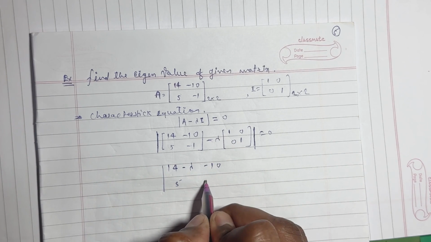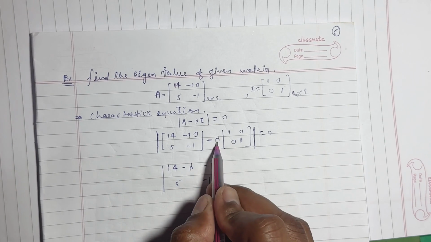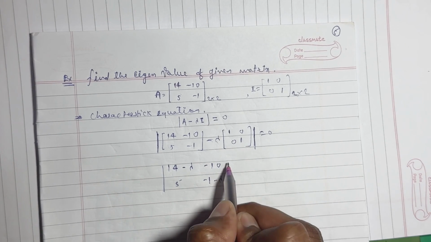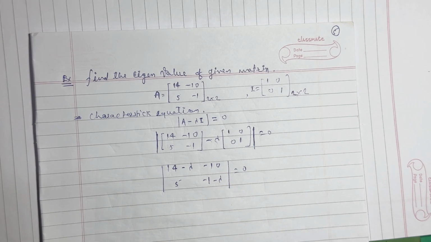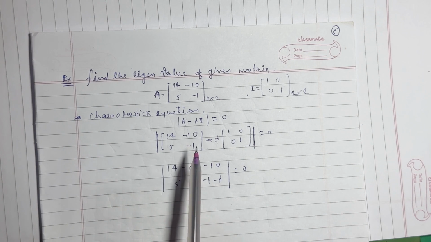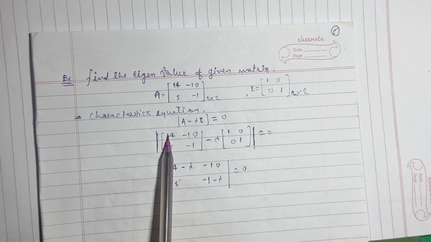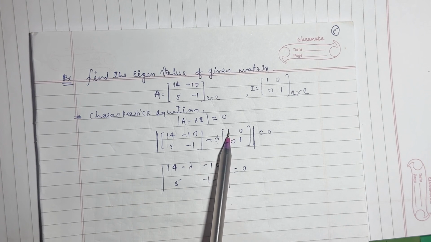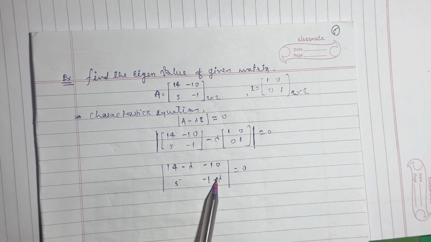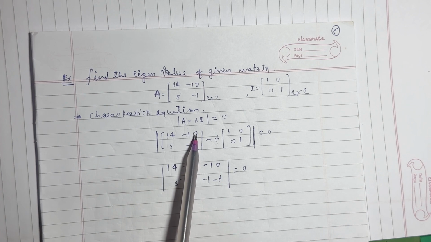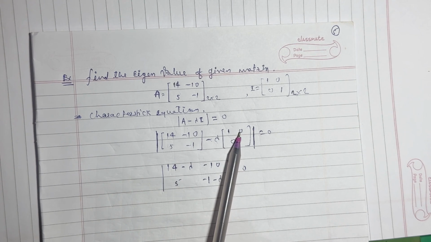See carefully, it is very easy; nothing is difficult, we just need to subtract corresponding elements. Or you can multiply lambda to the identity matrix first and you get the diagonal entries lambda, lambda. So 14 minus lambda and minus 1 minus lambda are the diagonal entries, with minus 10 and 5 off the diagonal.